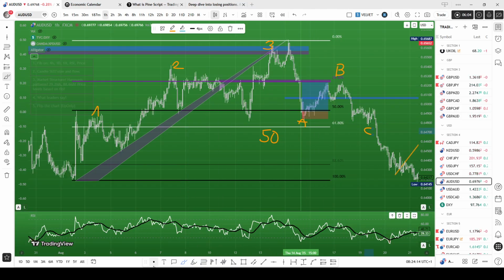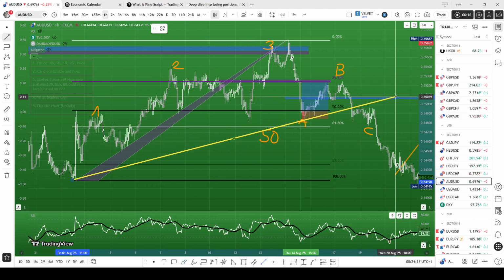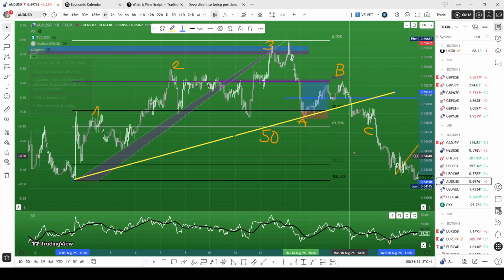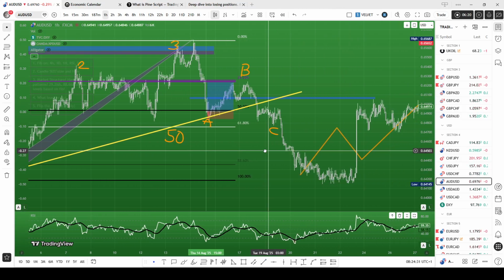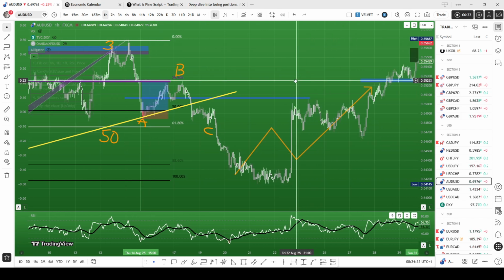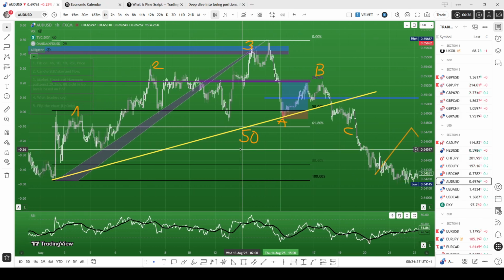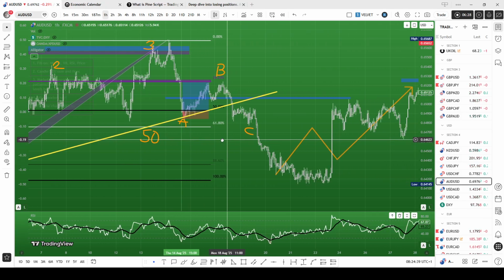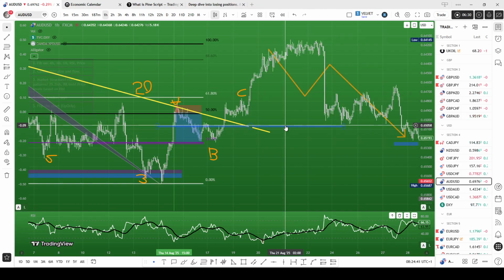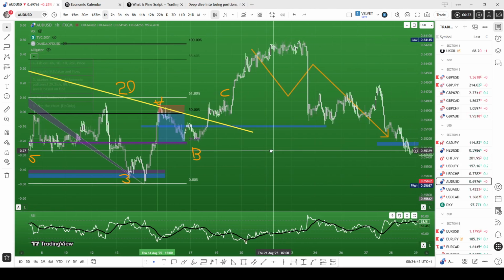But usually when we have Elliott, then we have a continuation of a trend. Depends on how distorted it is. So in this case, we do not continue the trend. We are falling down and later continuing the trend. These markets are actually printing the Elliotts in many sophisticated ways.